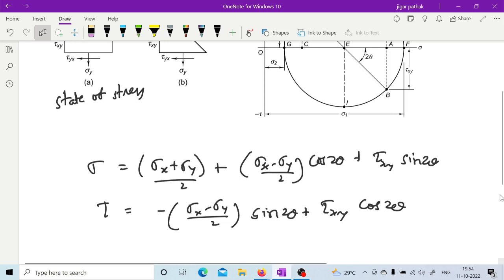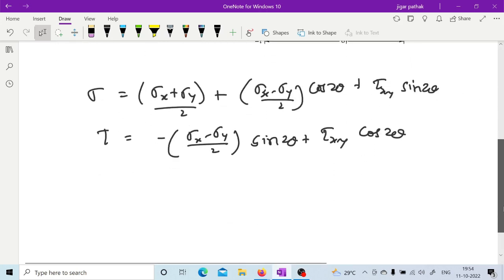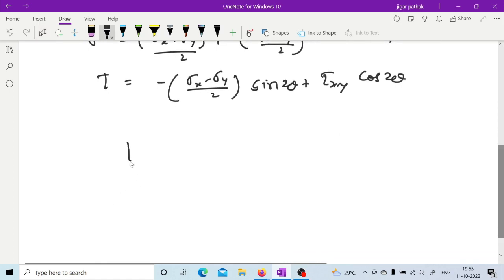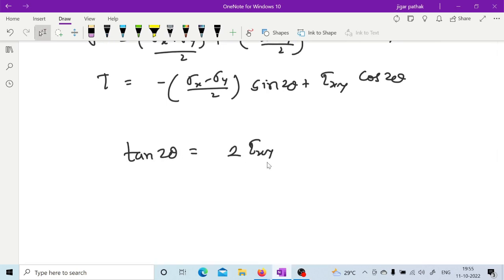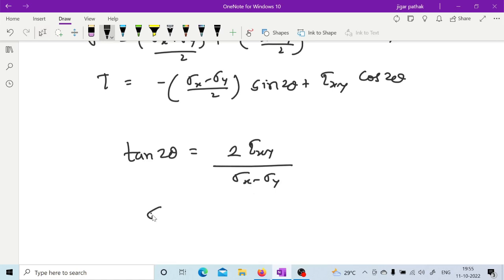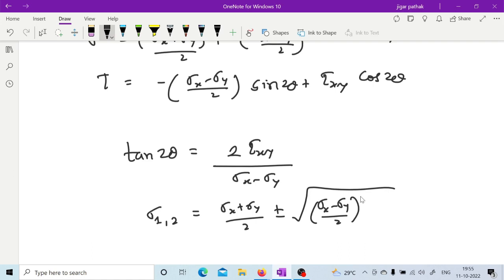Now in order to get the maximum normal stress, you can differentiate sigma and equate it to 0, which will give you tan 2 theta is equal to 2 tau xy upon sigma x minus sigma y. So this theta will give you two values, and according to that you will get sigma 1 and sigma 2 as sigma x plus sigma y by 2 plus or minus under root of sigma x minus sigma y by 2 squared plus tau xy squared.